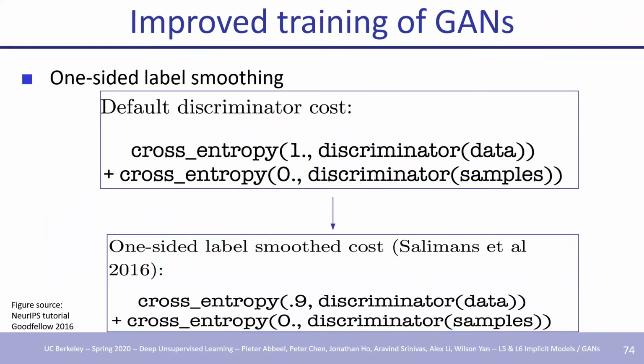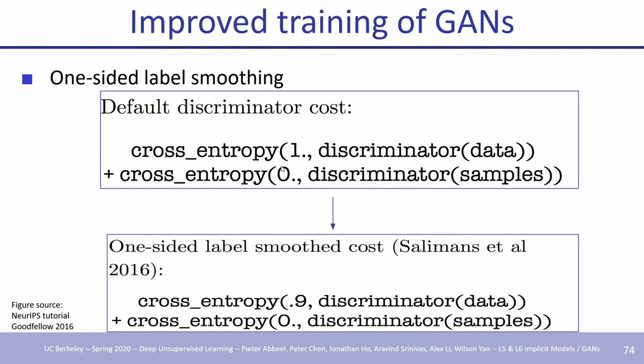Okay, and so the fourth technique is called one-sided label smoothing. So this is the default discriminator cost, right? The first part is the real part. The data is the real part.